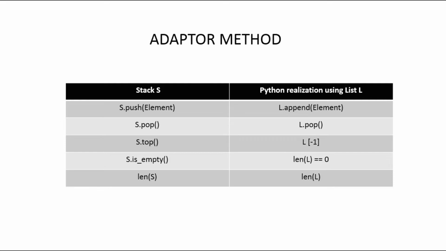Empty is implemented using length logic, and len method of stack will be implemented using len function of list. So the class ArrayStack will be defined and you can just initialize the stack using ArrayStack class and you can use these methods.